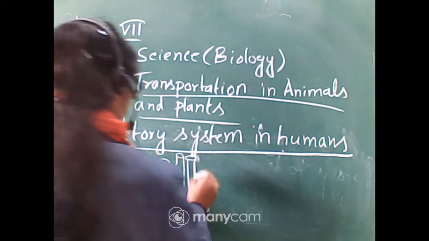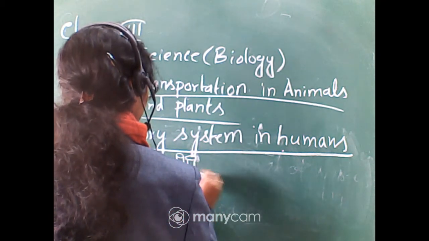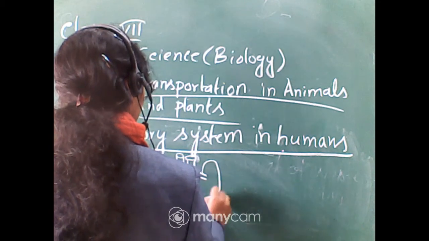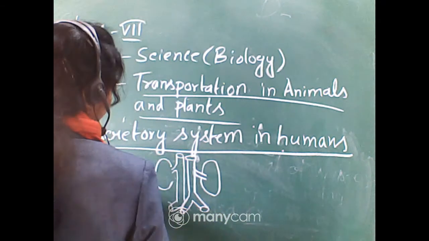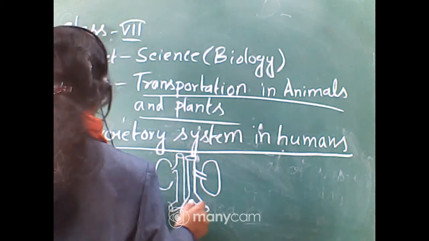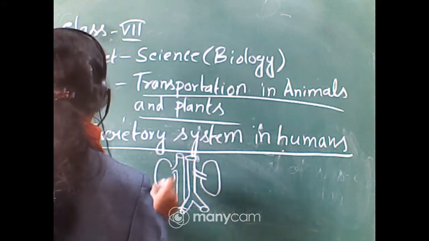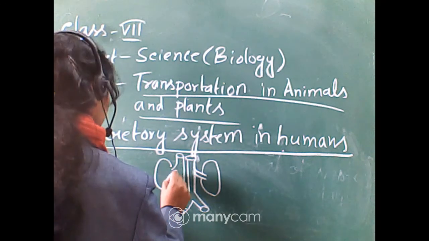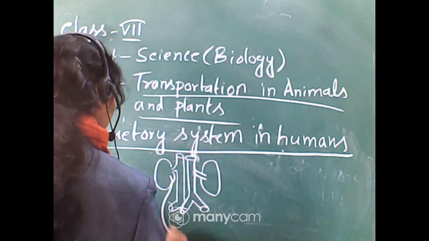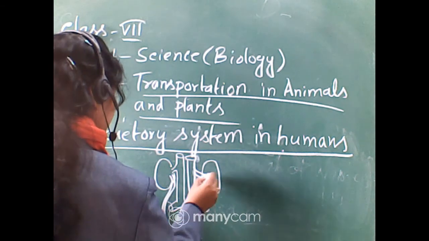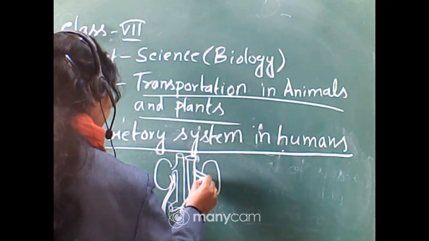From here there are two kidneys, the right side is quite smaller than the left side, and from each kidney two tube-like structures arise.